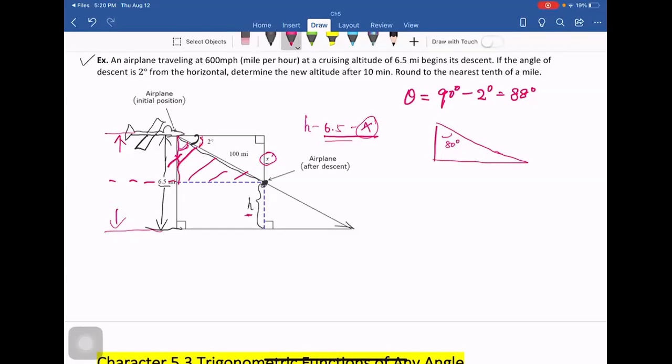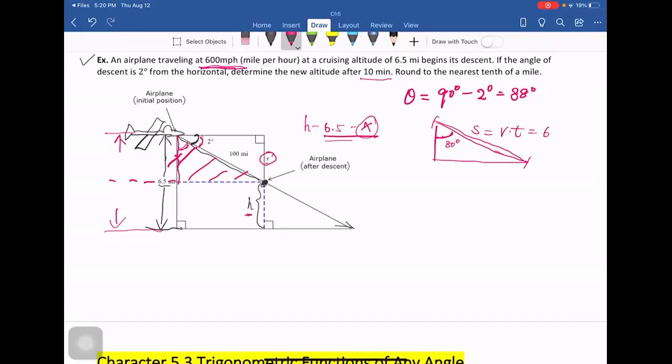Okay, is that all the information they provide us? No, they also told us the speed and the time of 10 minutes, so we can find this distance from here to here, which equals the speed times t.